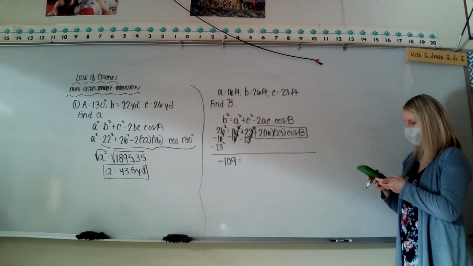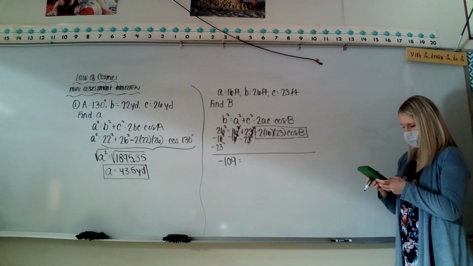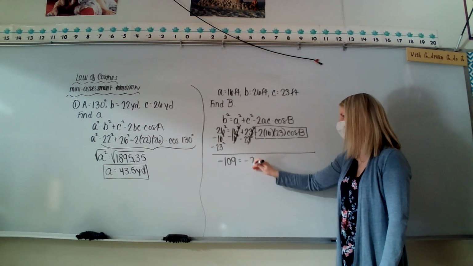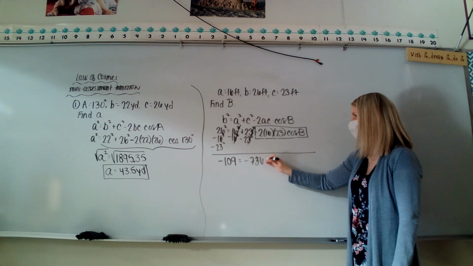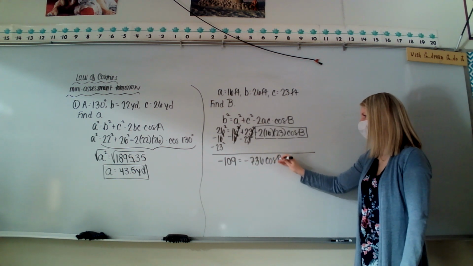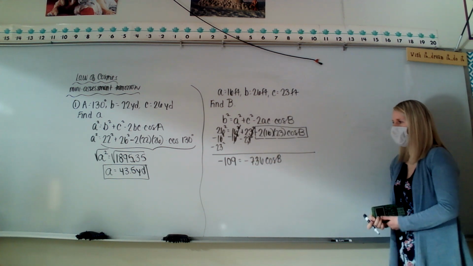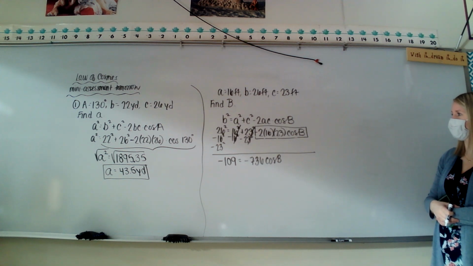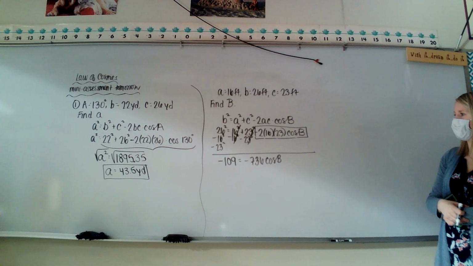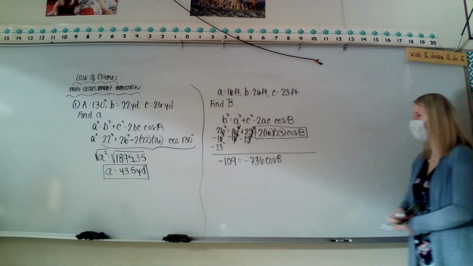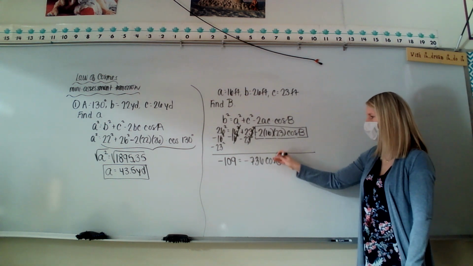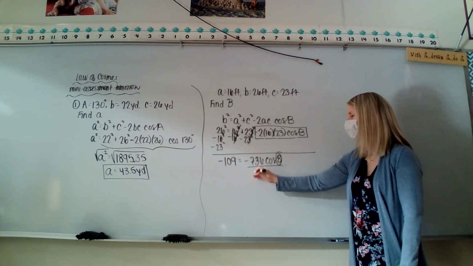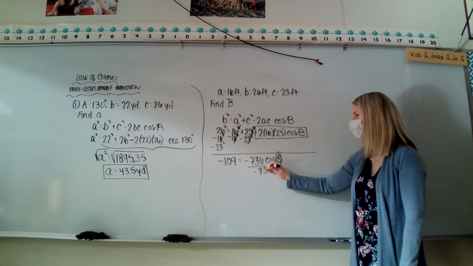So negative 2 times 16 times 23 is negative 736, cosine B. Okay, this is definitely looking better. We moved a few things and we're simplifying as we go. Our main goal was still to get this B by itself. So now, let's get rid of that negative 736. Since that's all multiplication, I'm going to divide.